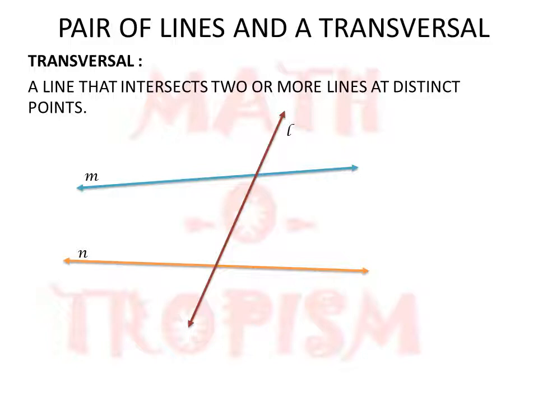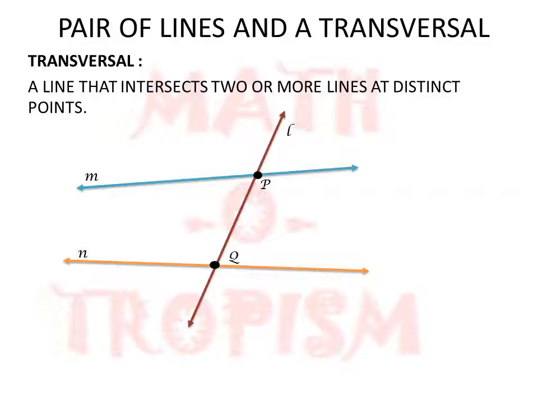Now this line L is intersecting M and N at two distinct points called the vertices P and Q. So the point P is the place where L and M meet, and similarly point Q is the place where L and N meet.